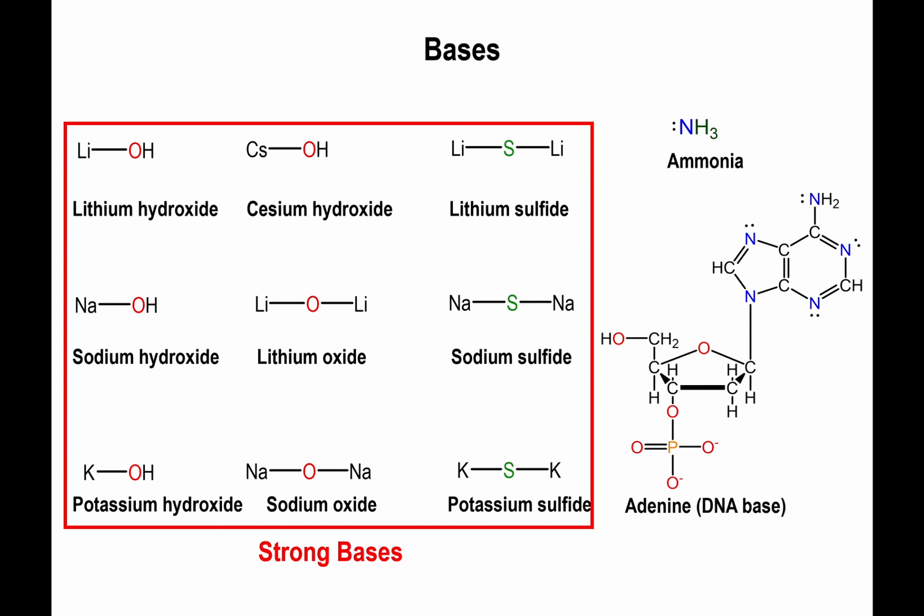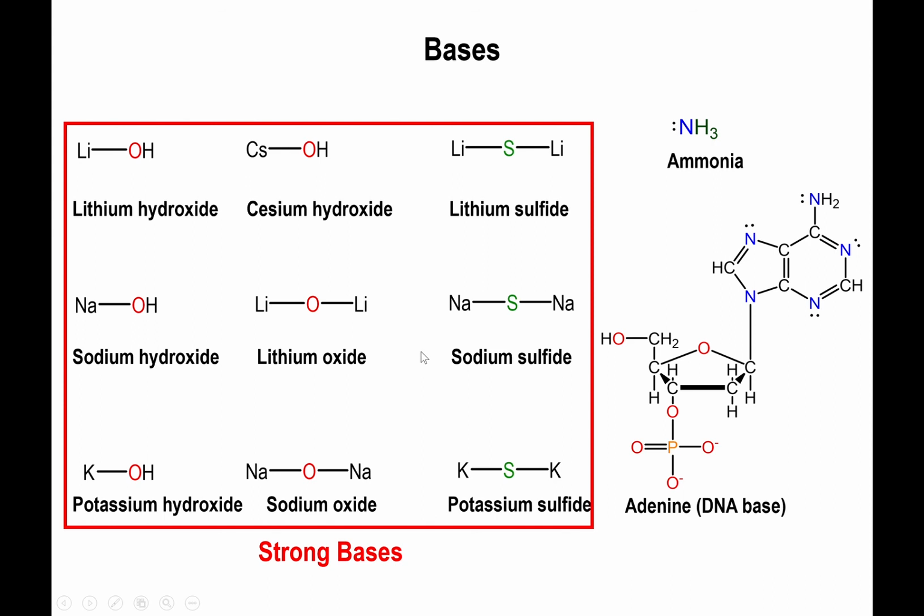All right, now some typical examples of bases. The ones that I have highlighted in the red box are the typical strong bases that we tend to use in the lab. Most likely, we're going to be talking about alkali metal hydroxides like sodium hydroxide, lithium hydroxide, potassium hydroxide. Those are your typical strong bases. But there's a few extra that I'm putting in here just for your information, like lithium sulfide, sodium oxide, sodium sulfide, lithium oxide.